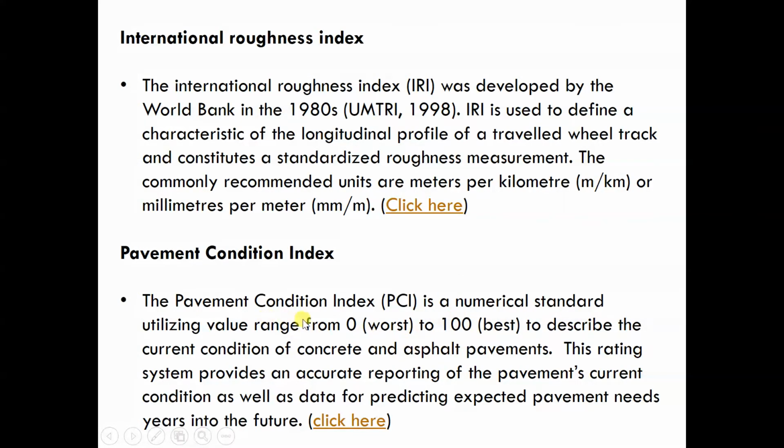Whereas for the Pavement Condition Index, the lower number means bad and the higher number means good, describing the current condition of concrete and asphalt pavement. This rating system provides an accurate report of the pavement's current condition, as well as data for predicting expected pavement needs years into the future.